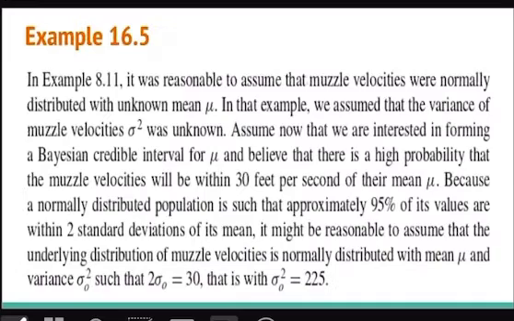Now you're given all of these. This is an application of the normal that I talked about. The question says find the 95% credible interval within 2 standard deviations.